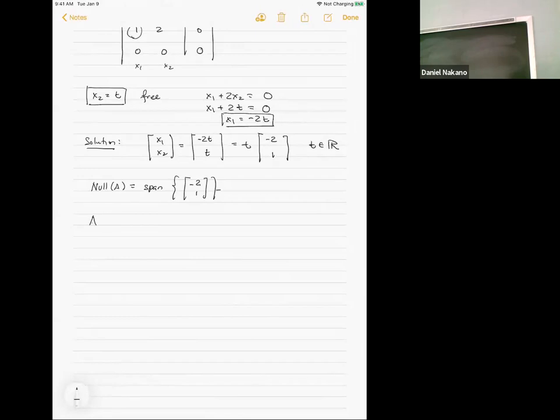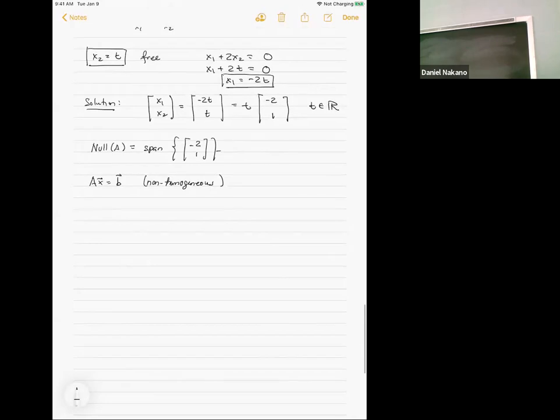So we have AX equals B. I'm going to put the equations in again: 1, 2, 2, 4, B1, and B2.